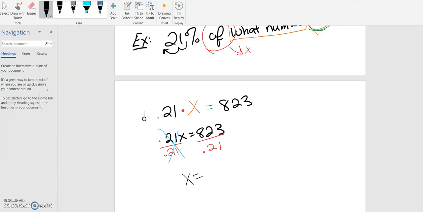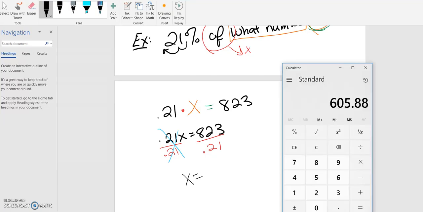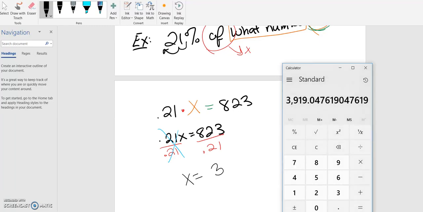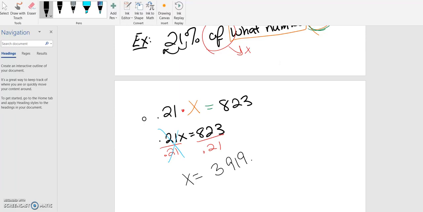So x is equal to 823 divided by 0.21. So 823 divided by 0.21 is going to give me 3,919.05. So I know that if I take 21% of 3,919.05, that's what's going to give me that number 823.